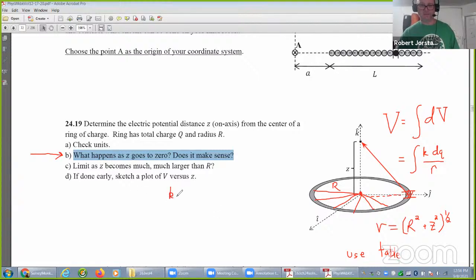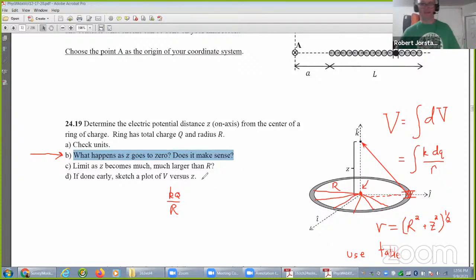Shouldn't the final result be KQ over R? Because your distance, capital R, from the point, isn't that wild? Think about that. Does that make sense to you? If you're at the center, shouldn't we get KQ upon R? All right, I'll let you think about it.